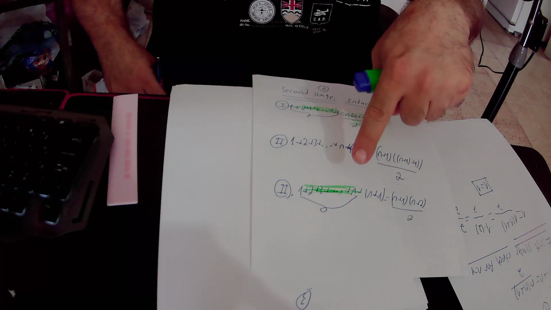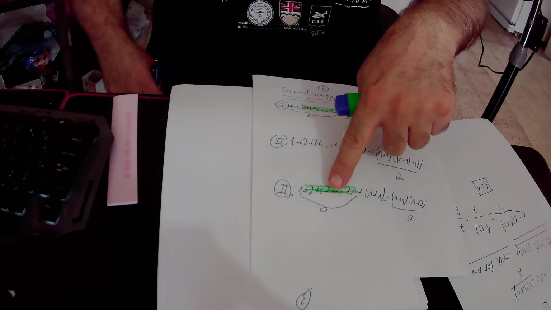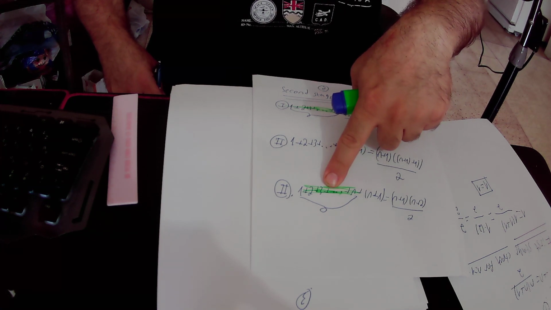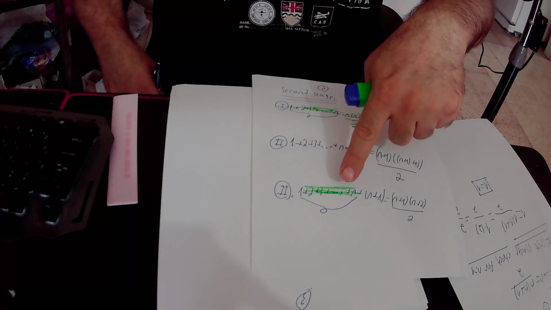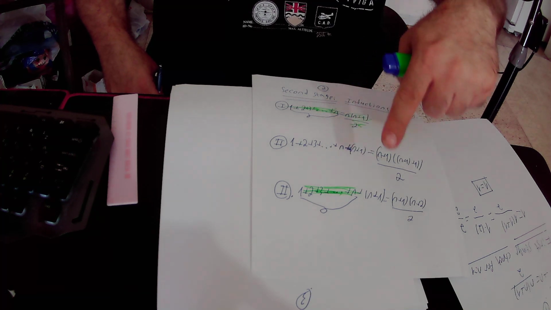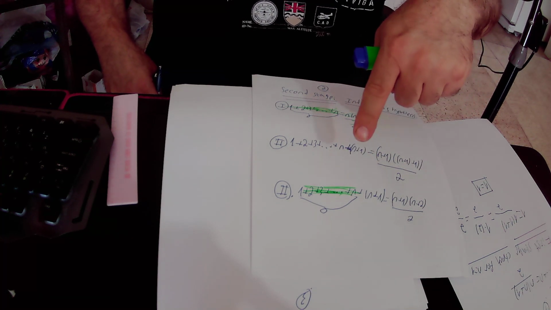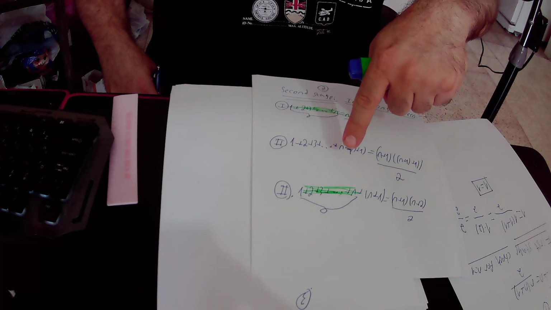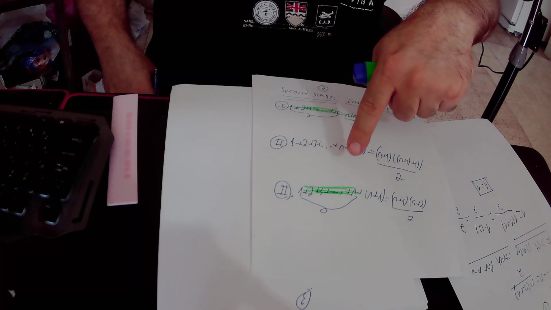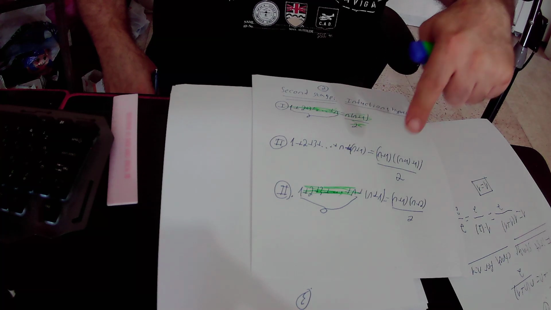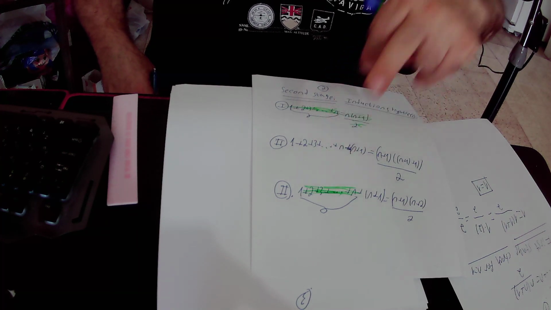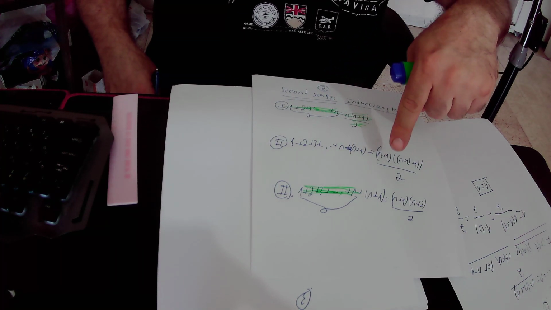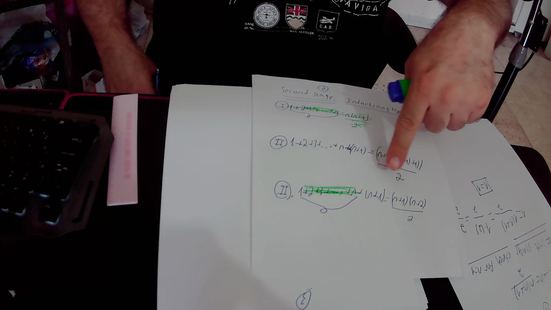The only change that I did is substituting this expression by n times n plus 1 divided by 2. As I already told, they are equal to each other, so we can substitute one for the other. So this is the only change, and the other parts of the equation will be the same.